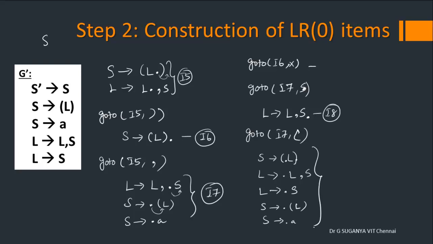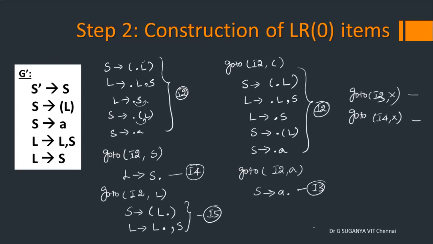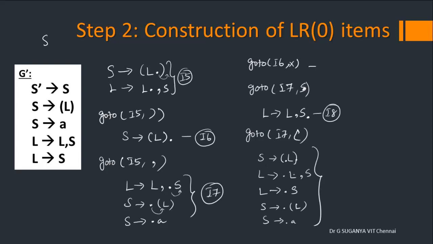So all the things, if you look at, it is very similar to I2, and hence we can use the same name I2. And finally go to of I7, comma, A. So it will give us S gives A dot, which is equivalent to I3.